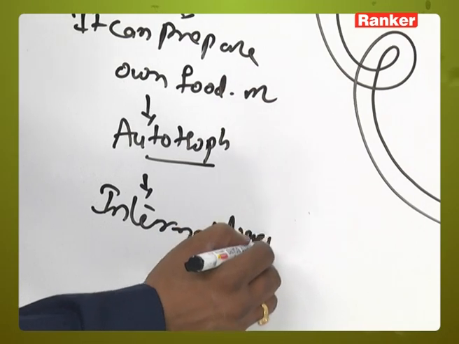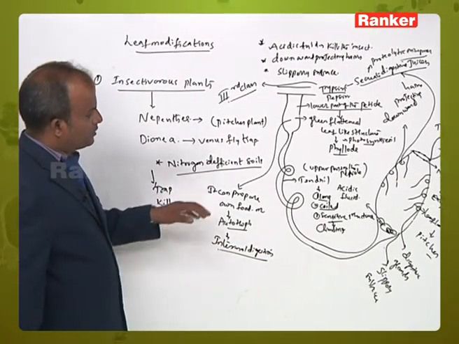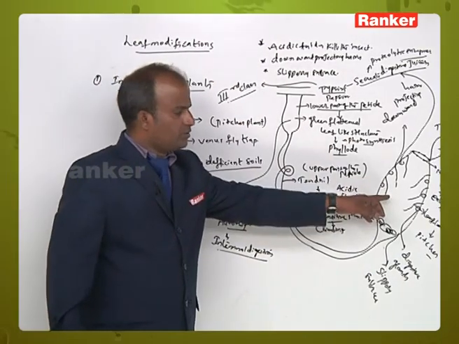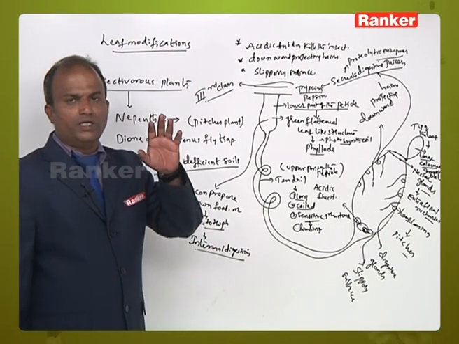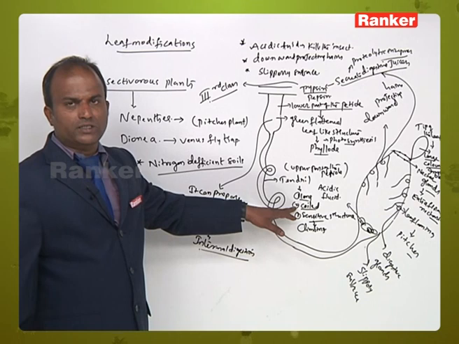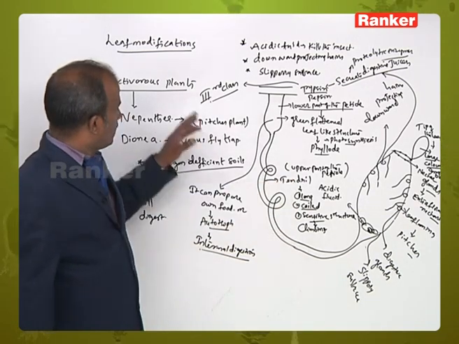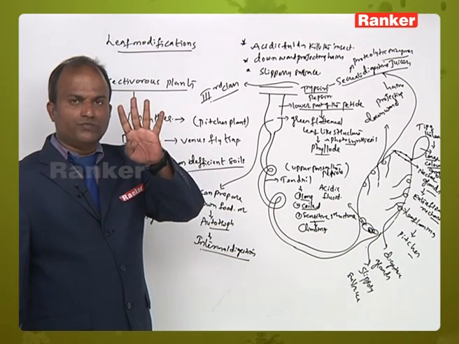And whereas this Nepenthes, due to the modified leaf, can you tell me how many parts of the leaf in Nepenthes are modified? The leaf is modified into 4 parts.